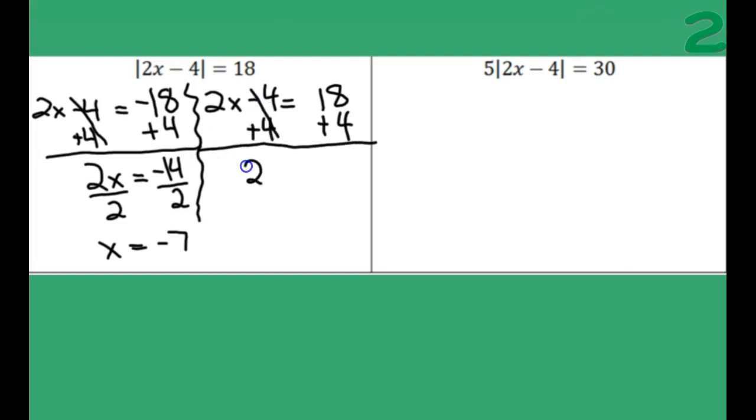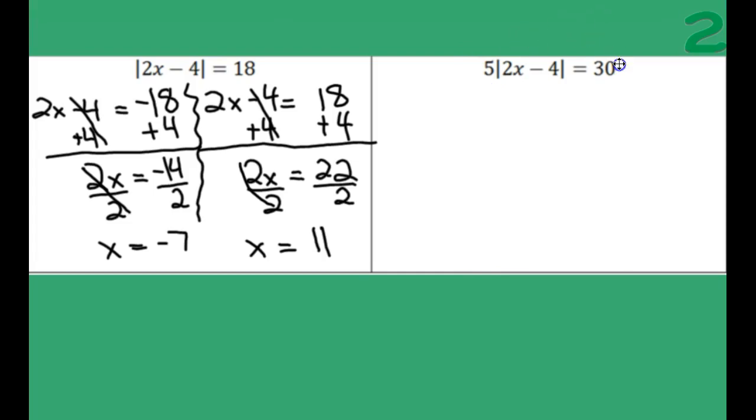What we're left with is 2x equals 18 plus 4, which is 22. Divide by 2 to get x by itself. Now we have x equals 11. So x equals -7 and x equals 11.